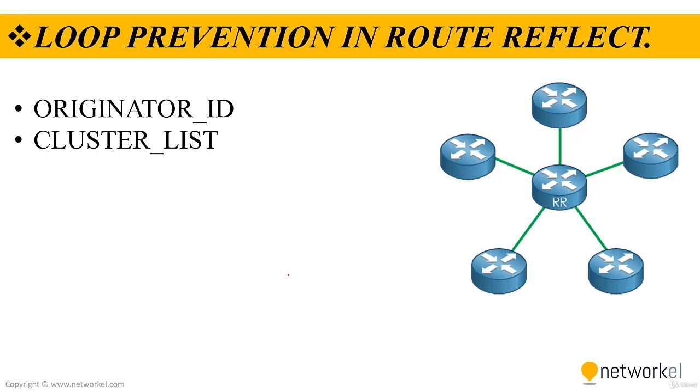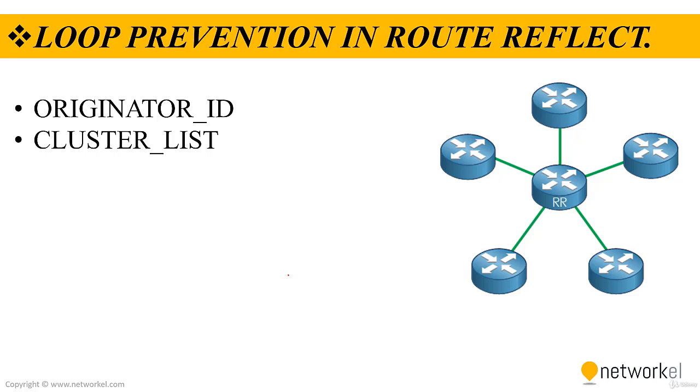Another thing is that removing the full mesh requirement in an IBGP topology introduces the potential for routing loops. When RFC 1966 was drafted, two other BGP route reflector specific attributes were added to prevent loops, guys. One of them is the originator ID, and the other one is the cluster list.